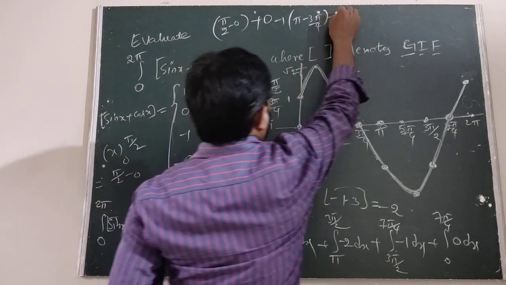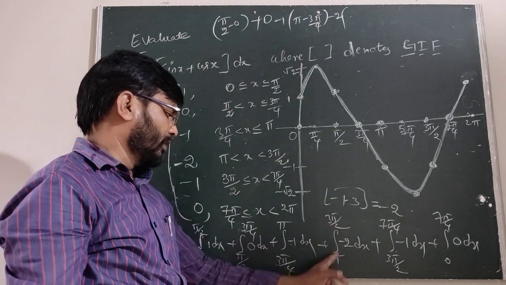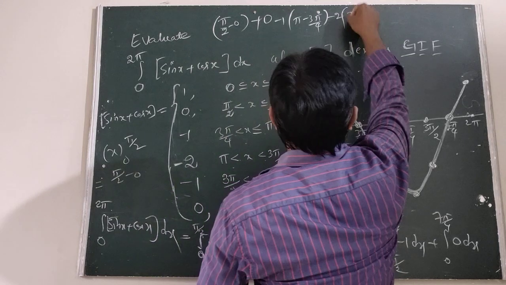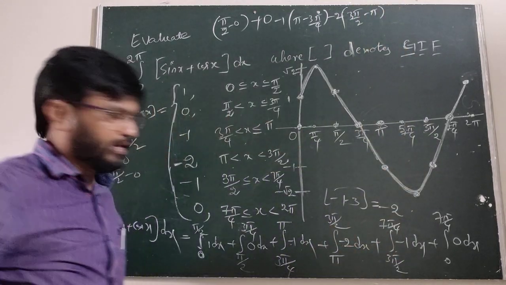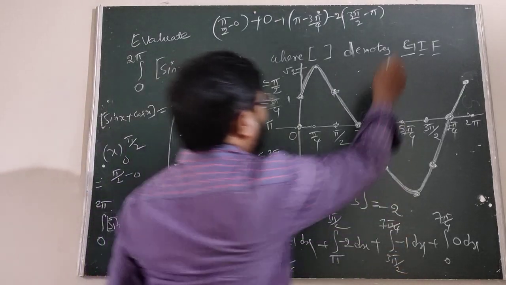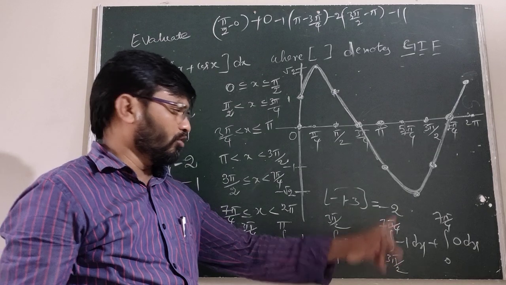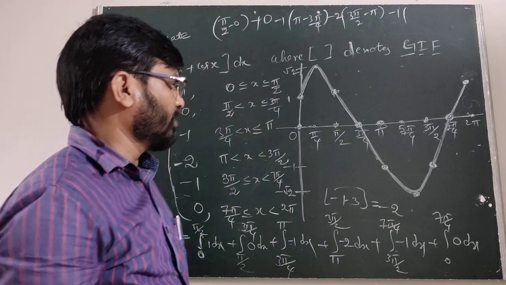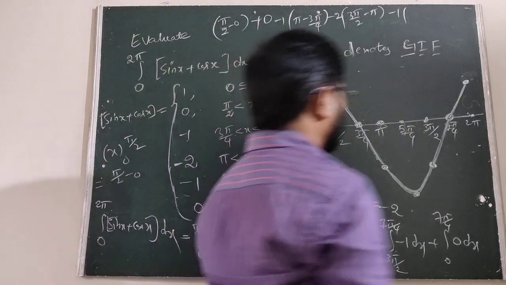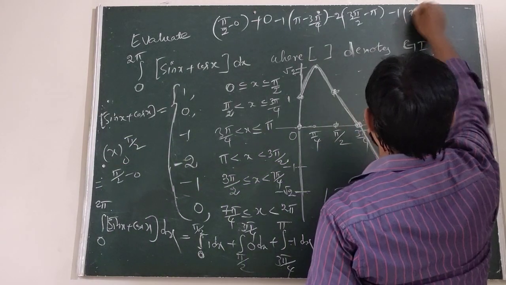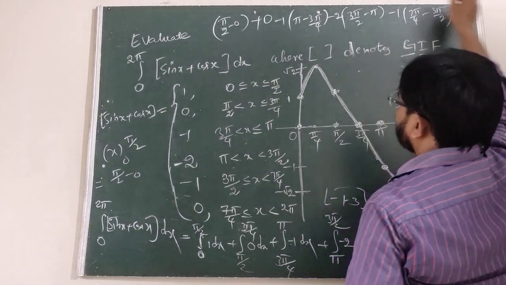This is minus 2 into, the integral of 1 dx is x, 3 pi by 2 minus pi. Is it clear? 3 pi by 2 minus pi. After that, minus 1 into x, which is 7 pi by 4 minus 3 pi by 2. The last one is 0.